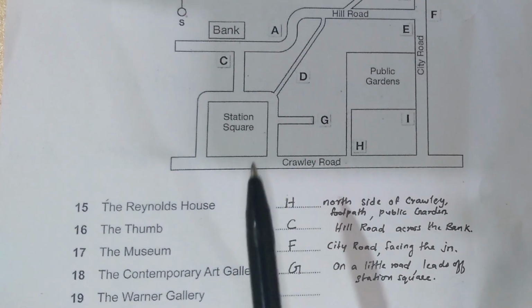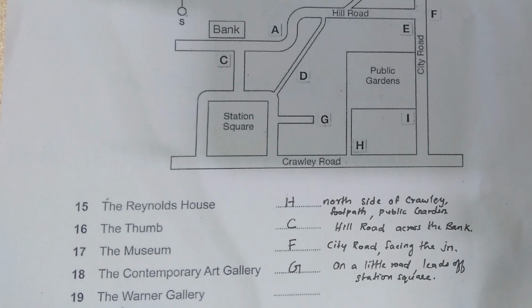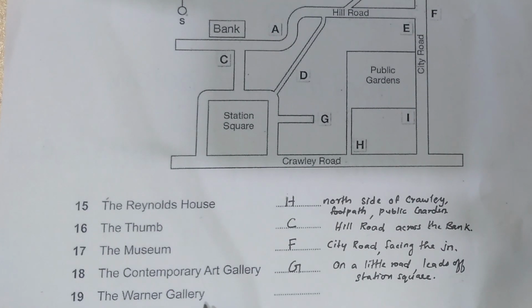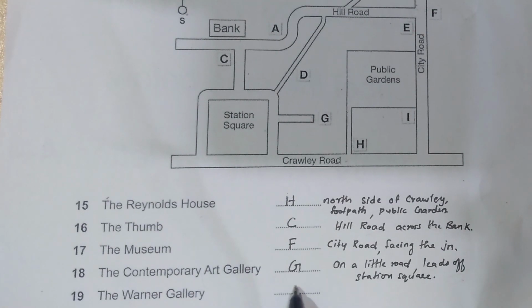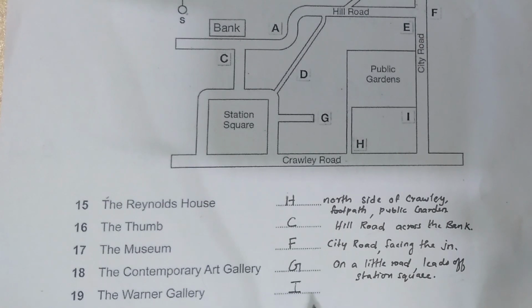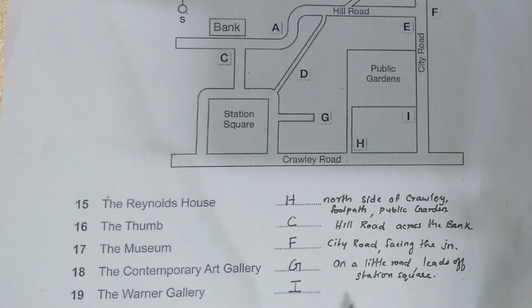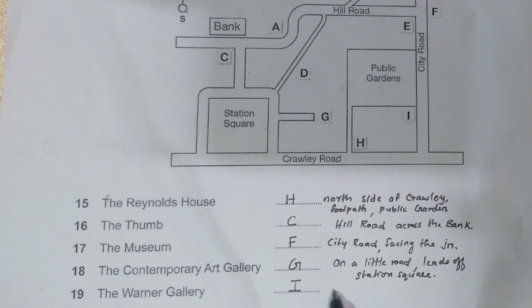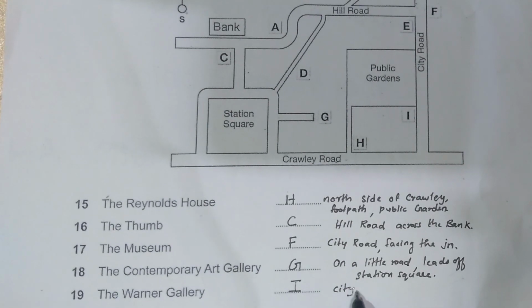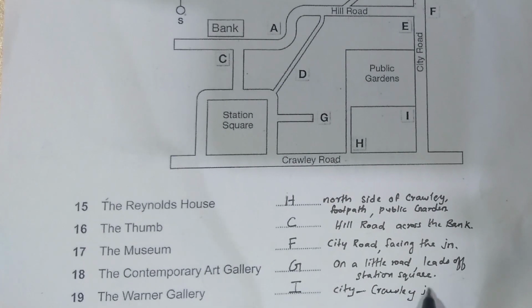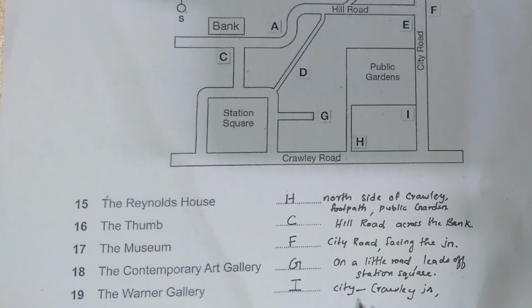Okay, now question number 19 is the Warner Gallery, and the answer choice is I, because they have told the City Crawley Junction, and same side as garden.